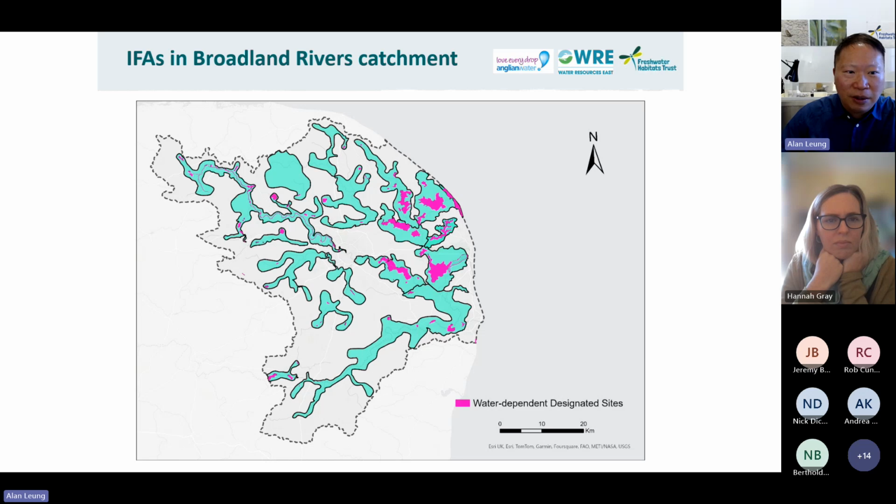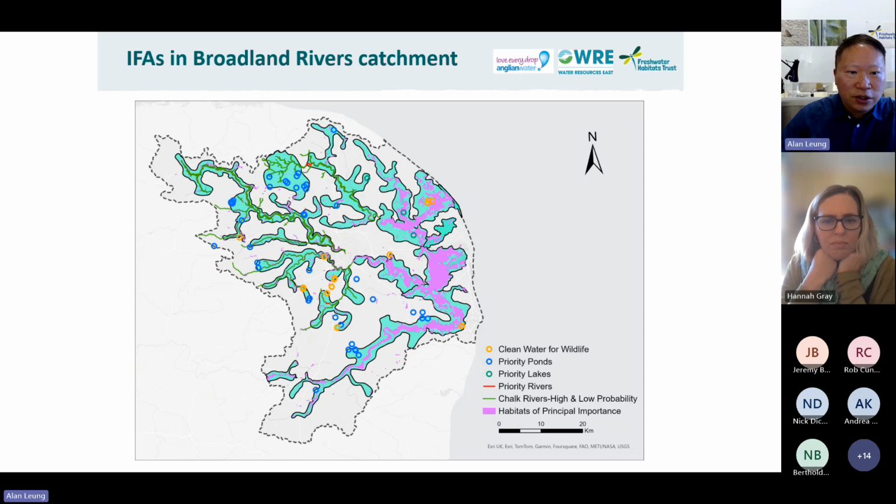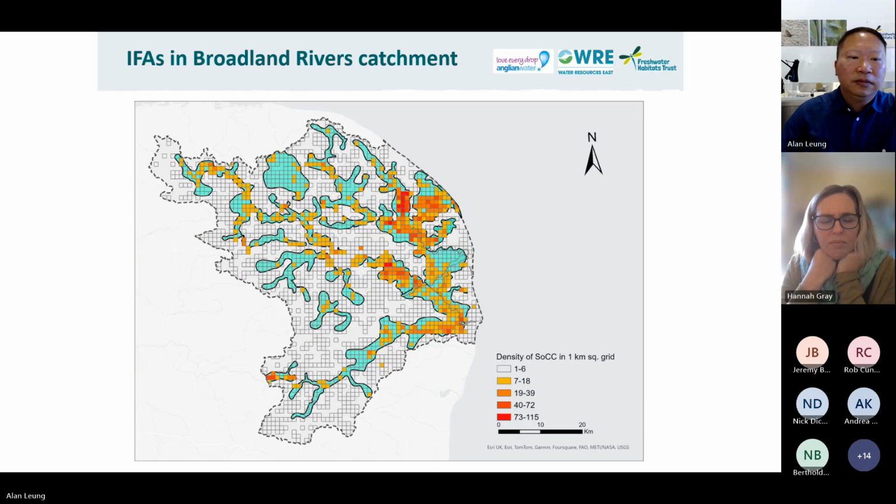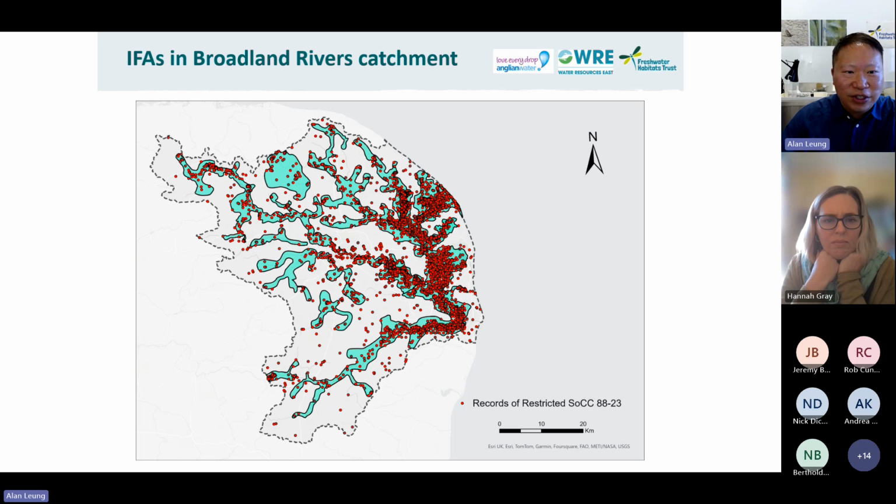But basically, the IFA has included all the water-dependent designated sites, some of them with high WFD ecological element with high status in it, and also the priority habitats. And this map shows the areas with a high concentration of SOCC, and also the restricted species.